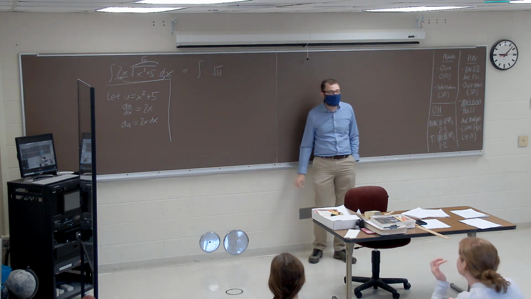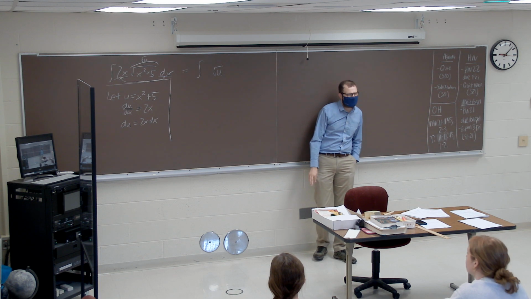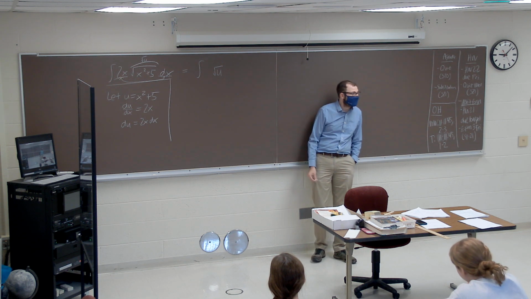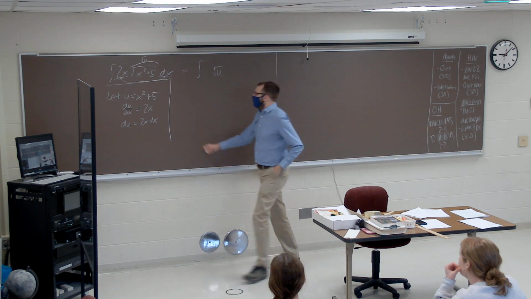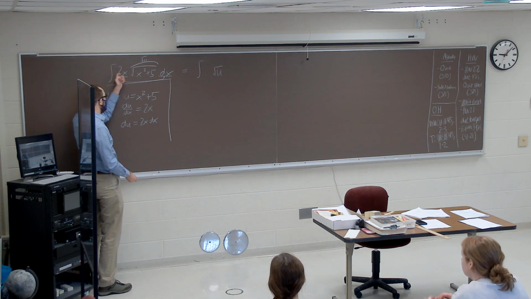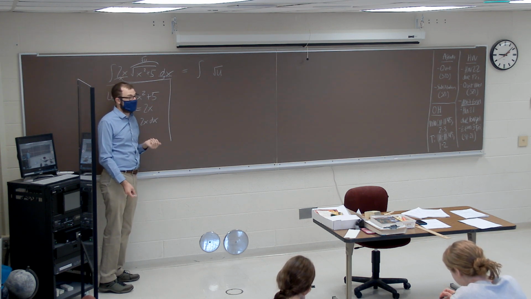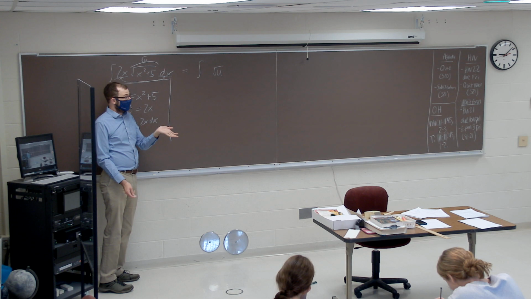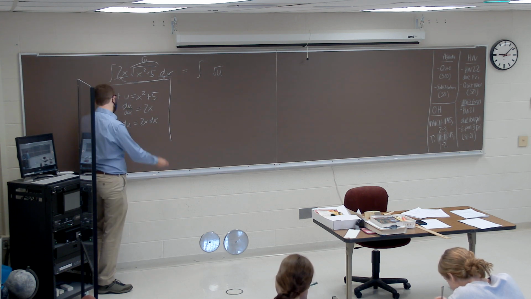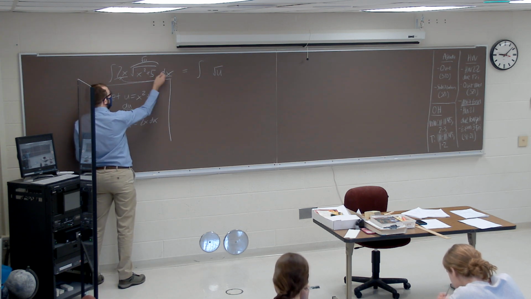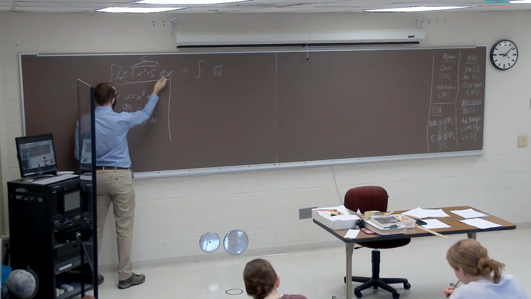How can we take our 2x and our dx and replace that with something that involves the variable u instead of the variable x? Okay. Could you replace the 2x with du over dx and then cancel out the dx's? Ooh, okay. Just take this 2x right here and say that's a du dx term, and then we'll have du dx times dx, which just becomes du. Sure. Yeah. I like it. Alternatively, we could just say, hey, we have a 2x and a dx term that are being multiplied here.